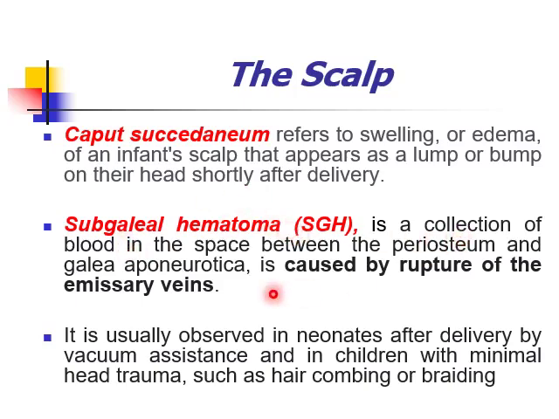Subgaleal hematoma is a collection of blood in the space between the periosteum and the galea aponeurotica, caused by rupture of emissary veins. So it happens in the fourth layer, the loose areolar connective tissue, and we might expect that this subgaleal hematoma appears around the eye. It's usually observed in neonates after delivery by vacuum assistance and in children with minimal head trauma such as hair combing or braiding. Okay?